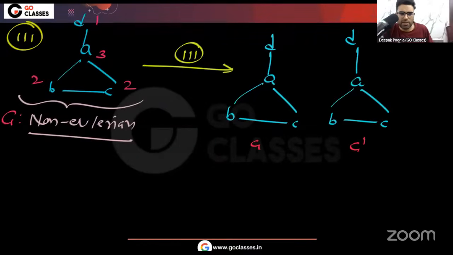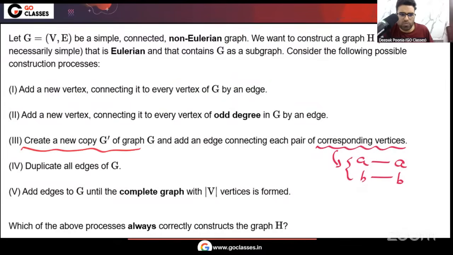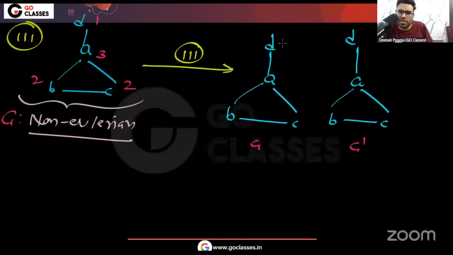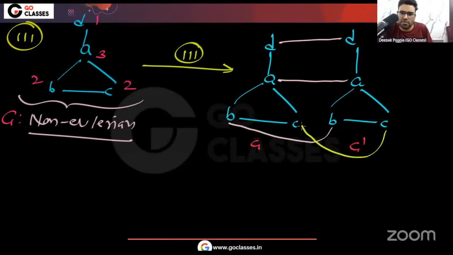This is G. And notice what the question is saying: create a new copy G dash of graph G and add edges connecting each pair of corresponding vertices. We need to add edges like this, between D comma D, between A comma A, between B comma B, and between C comma C. Is this clear? I hope you understood this point. So you can see that we have this G and this G dash.